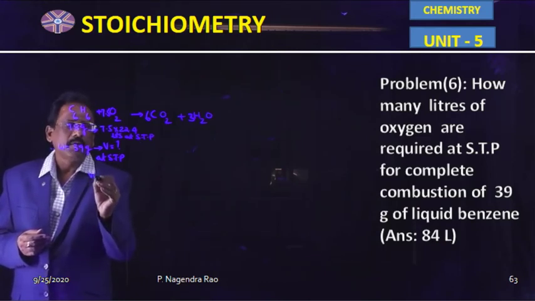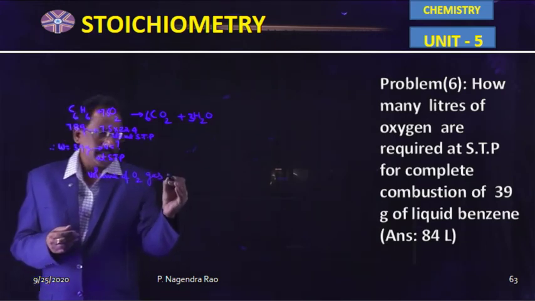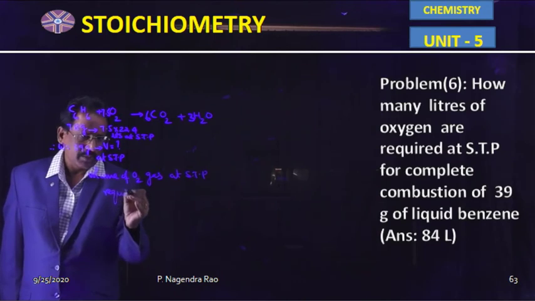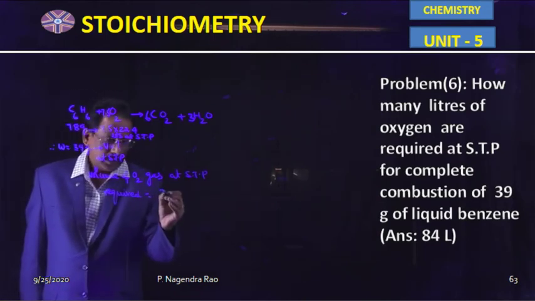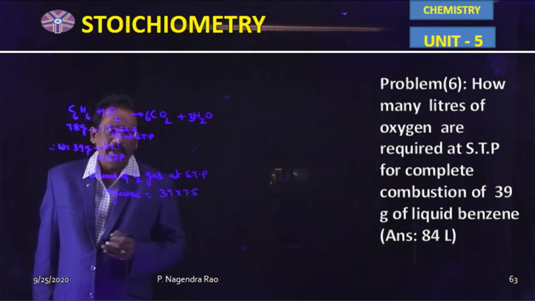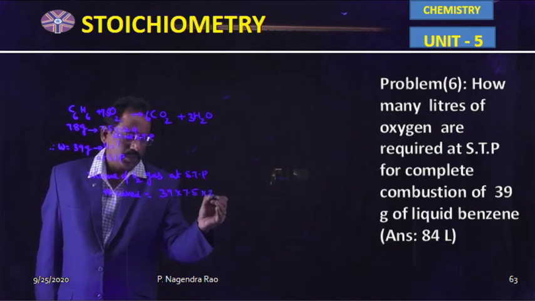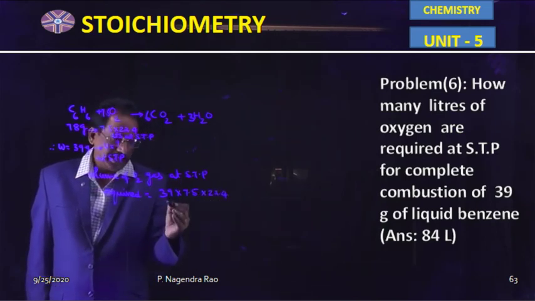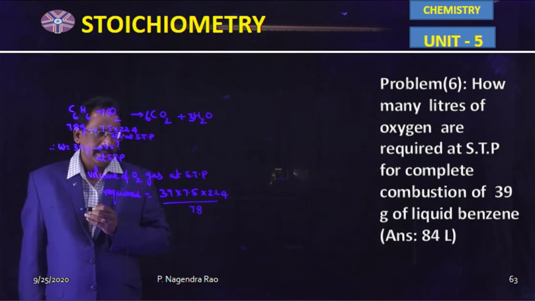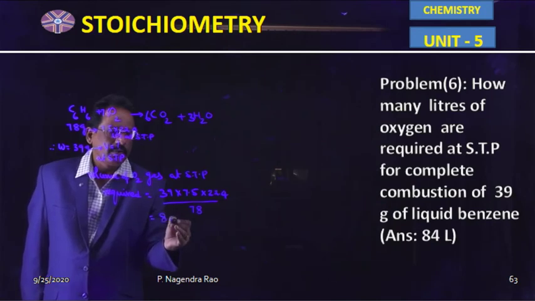Therefore, the volume of oxygen gas at STP required is equal to 39 into 7.5 into 22.4 divided by 78. So this is equal to 84 liters.